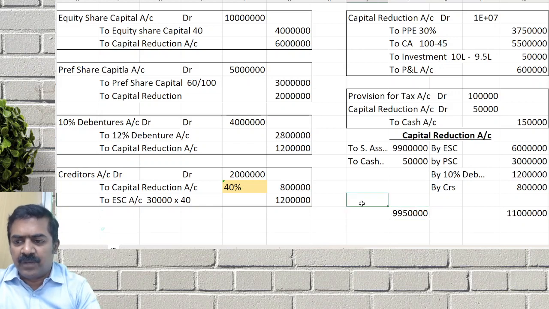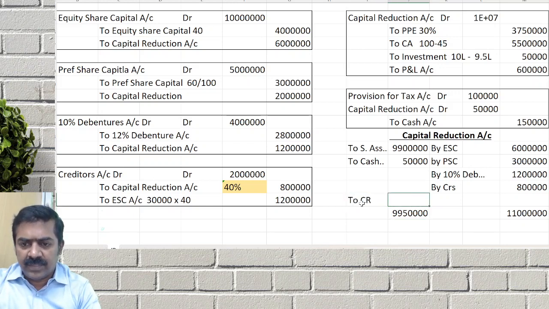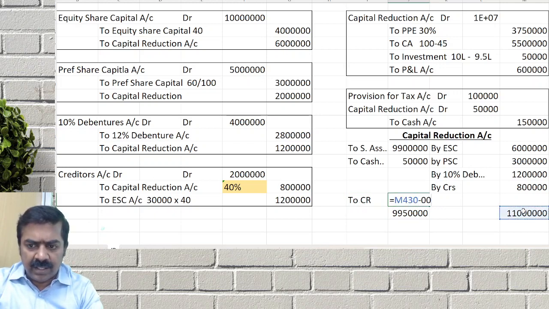The balancing figure will go to capital reserve. 1 crore 10 lakhs minus 99 lakh 50,000.